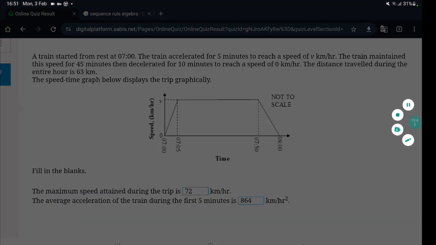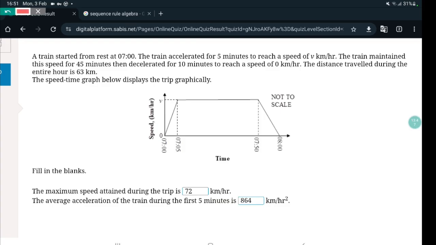Now for the next part, average acceleration of the train during the first 5 minutes.